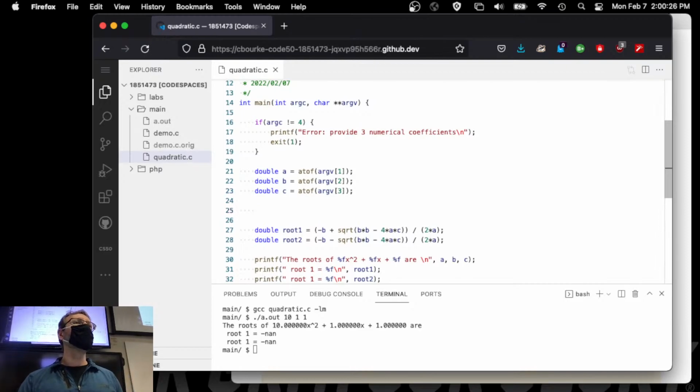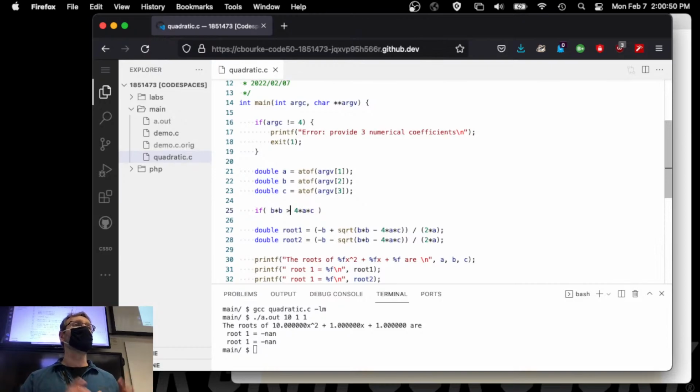Before I compute those roots, what should I be looking for? B squared is greater than 4AC. If B squared is greater than 4AC, then is that okay or is that bad? If B squared is greater than or equal to. Great. Oh, what about equal to?